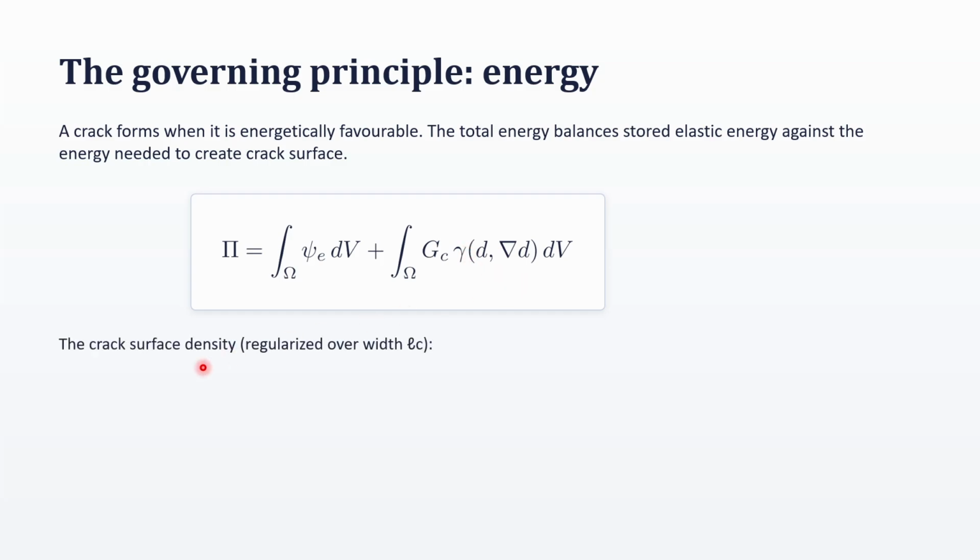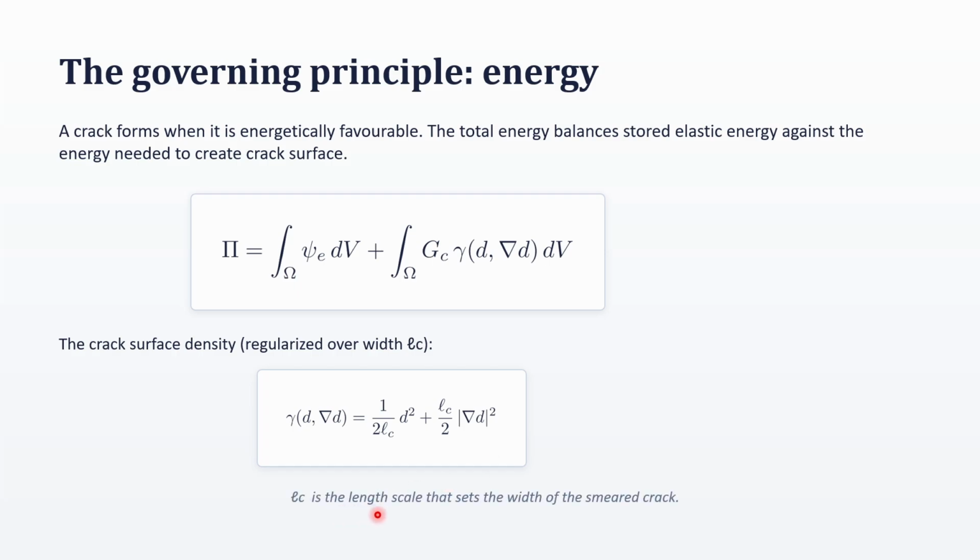The crack surface density regularized with lc was defined as this for multiple dimensions. This was a function of lc, the phase field, and also the gradient of the phase field. So lc is the length scale that sets the width of the smeared crack.